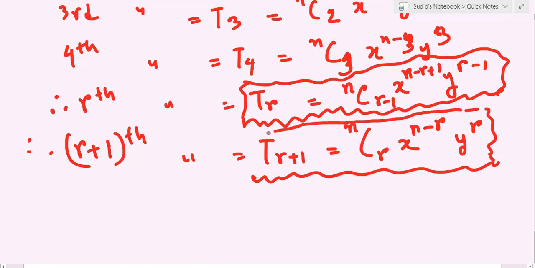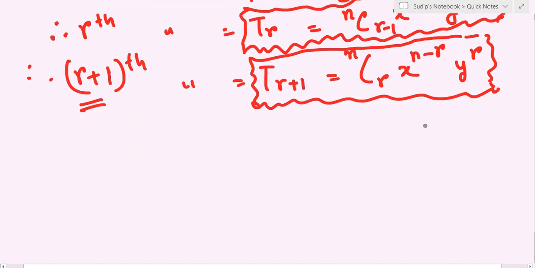So whenever we are asked to find the general term, we find the r plus 1th term of a binomial expansion. So when you are asked to find the general term of the binomial expansion, you will find the r plus 1th term.